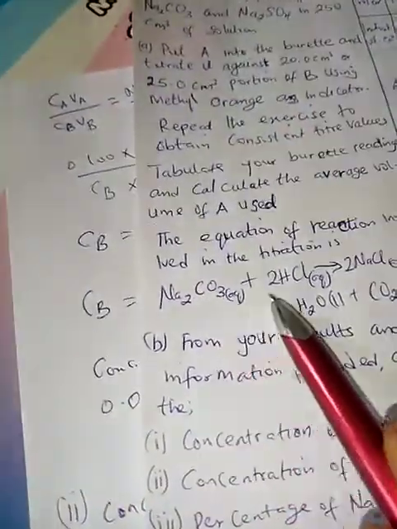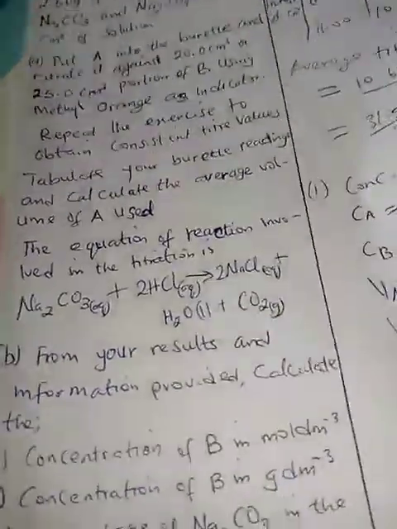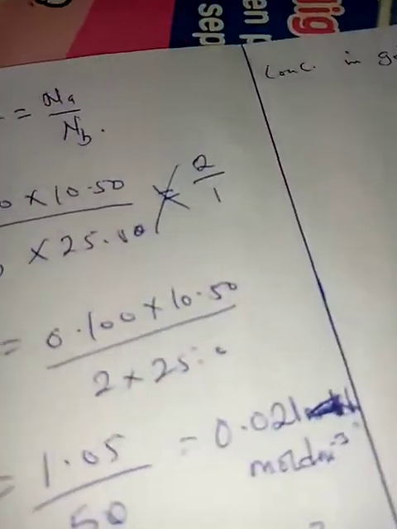But from the equation of the reaction, you'll find out that it is only the sodium trioxocarbonate IV that reacted with what? The acid. So let's look at the percentage of that is present. So 3.